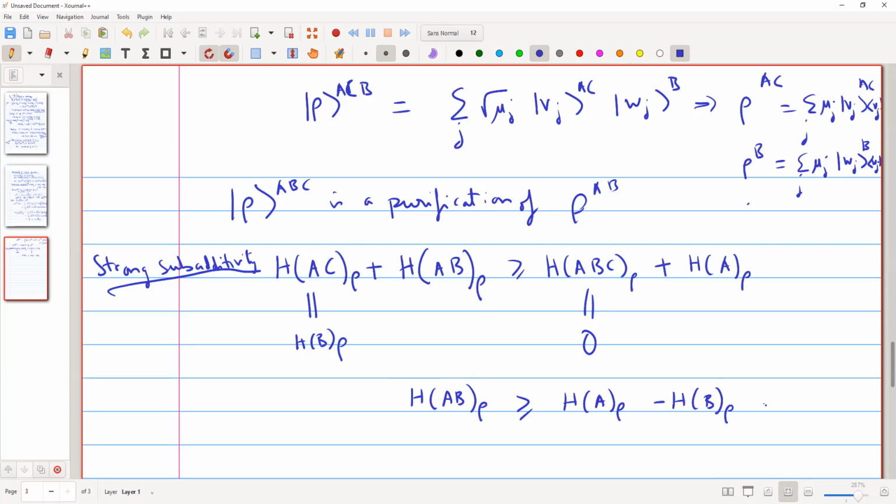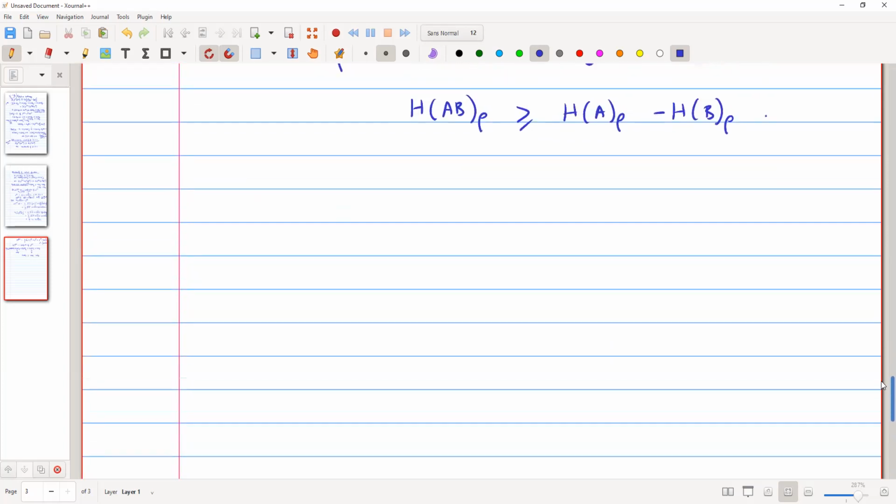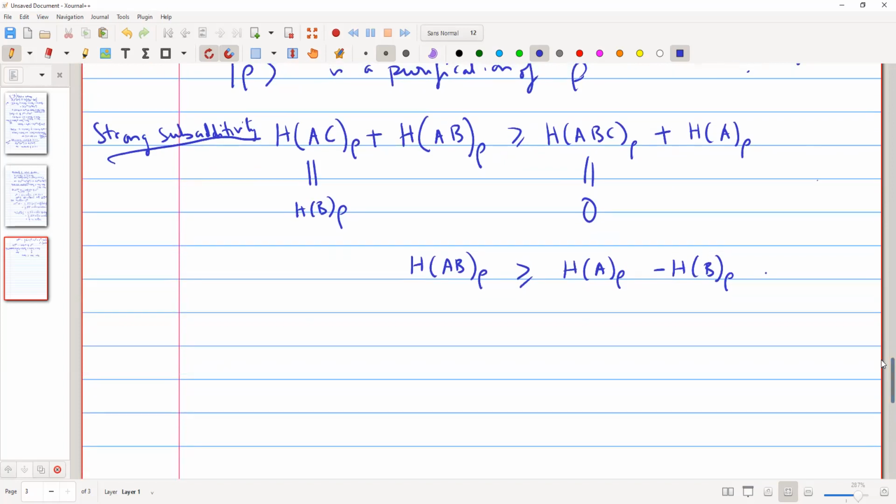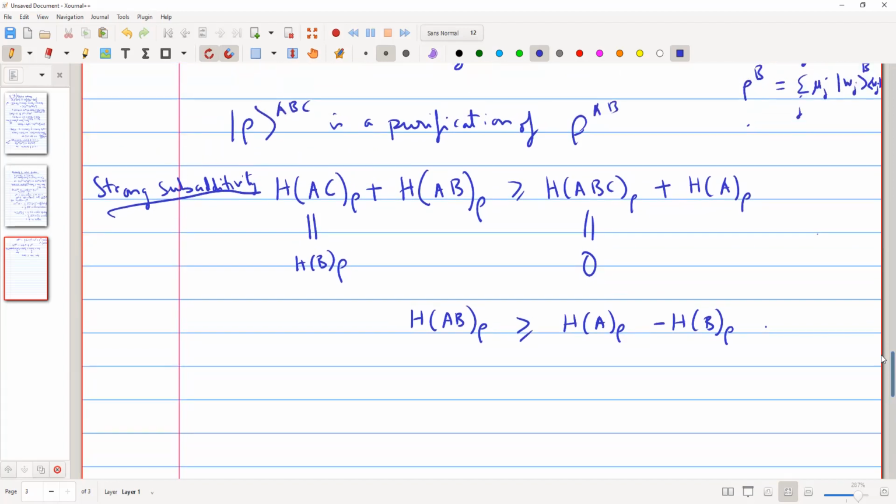So is this clear now? Hari, clear? Yeah. Okay, so we have proved strong subadditivity.